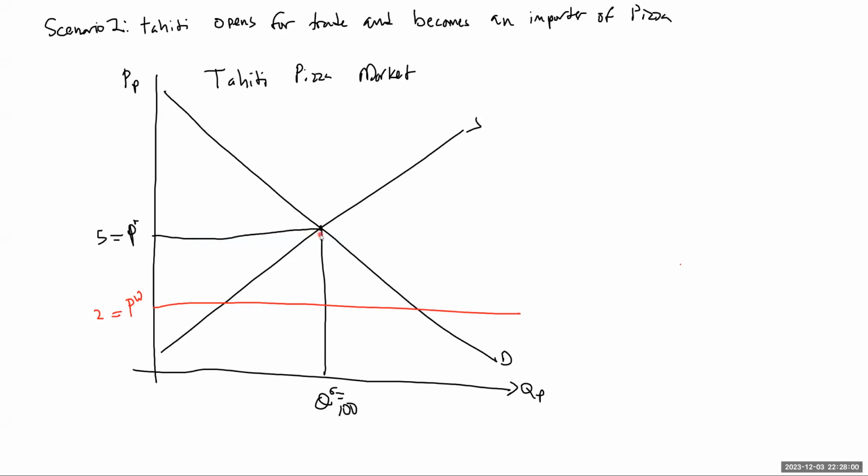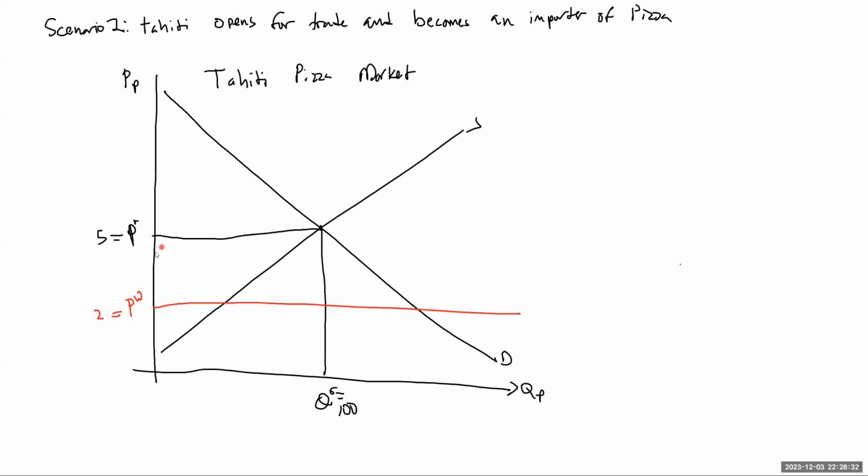And what happens? Tahiti citizens decide, oh, these are generic pizzas. Okay, remember, we have perfect competition. All the pizzas are identical. So why should I buy Tahiti pizza for $5 when I could get a Singapore pizza for $4.99? And US Domino's comes in and charges $4.98. And Mexican Pizza Hut comes in, charges $4.97.